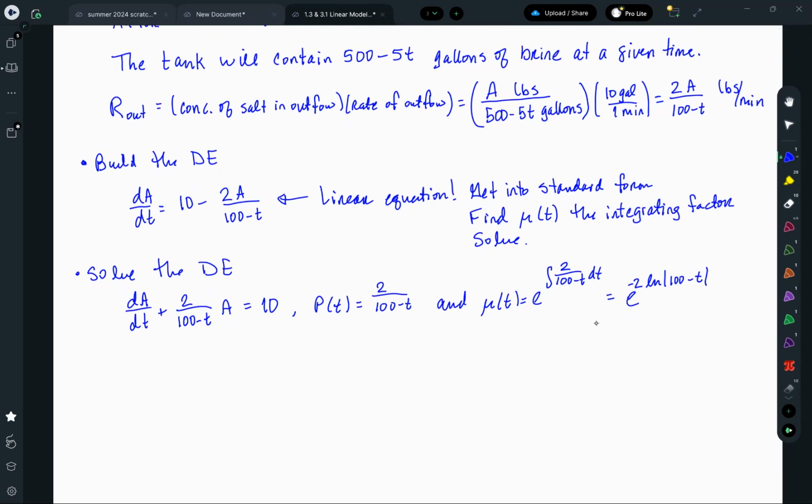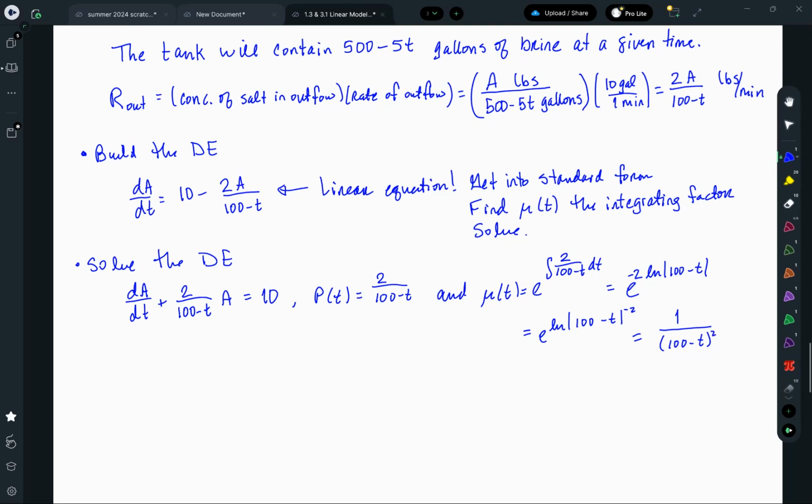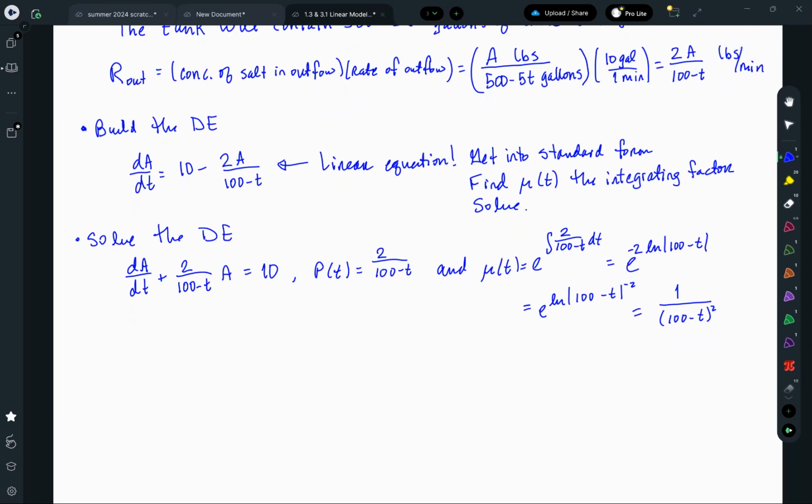Simplifying this, it becomes e to the natural log of the 100 minus t in absolute values raised to the minus 2. And then the e and the ln undo each other, and this simplifies to be 1 over 100 minus t all squared. Cool. That's our integrating factor. Multiply it through the differential equation. So we're going to multiply mu of t to the DE.